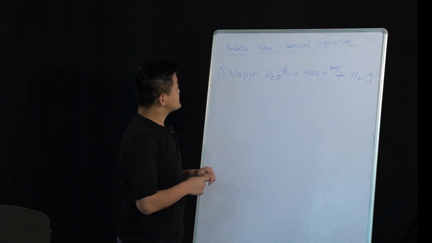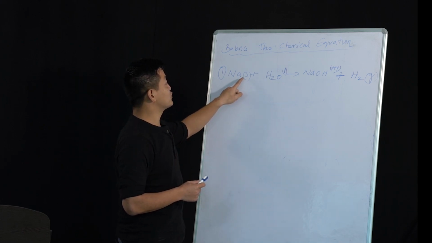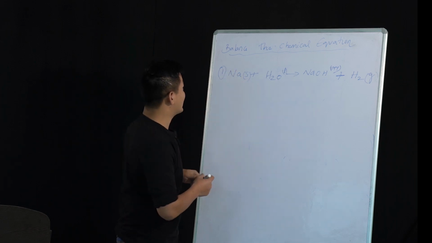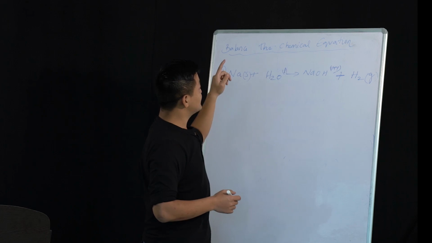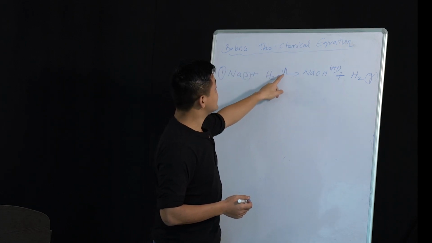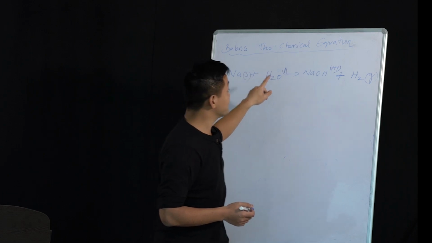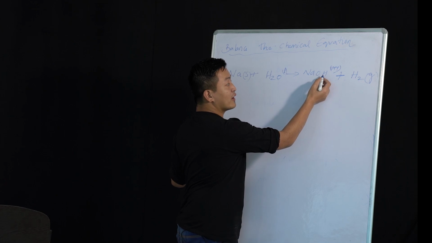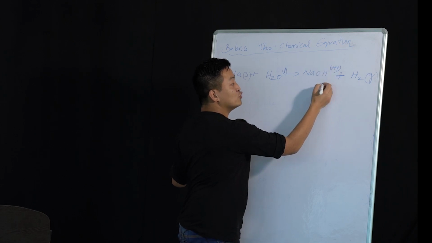Students, I have given S here because S signifies solid, S-O-L-I-D. The letter L with H2O, you all know it's water, so L signifies liquid. In sodium hydroxide, NaOH, I have given AQ in brackets.